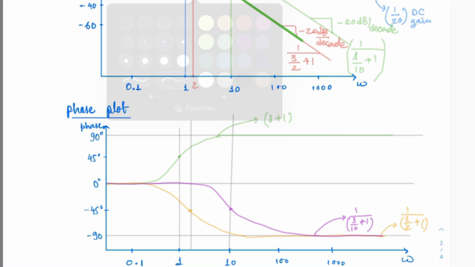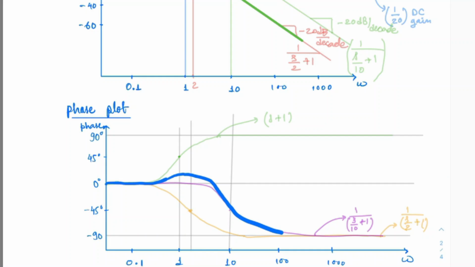So if we combine the plots, it will be 0 till this point, and somewhere like this it would come up.